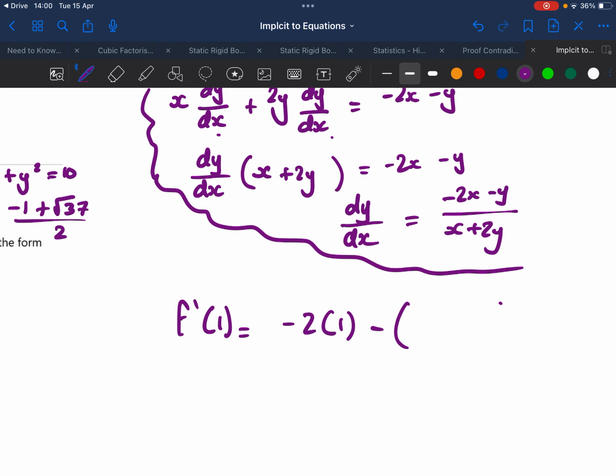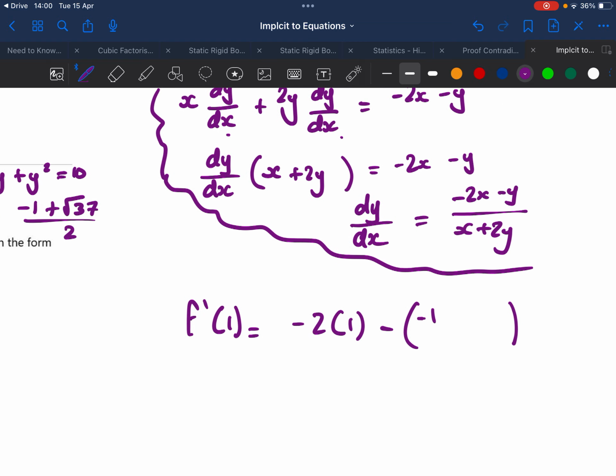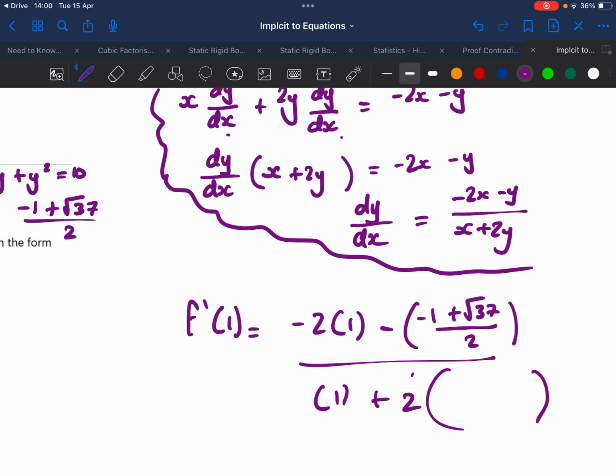But let's just write that in. So minus 1 plus root 37 over 2. And that's all going to be over 1 plus, what's this one here? This is 2 lots of minus 1 plus root 37 over 2.